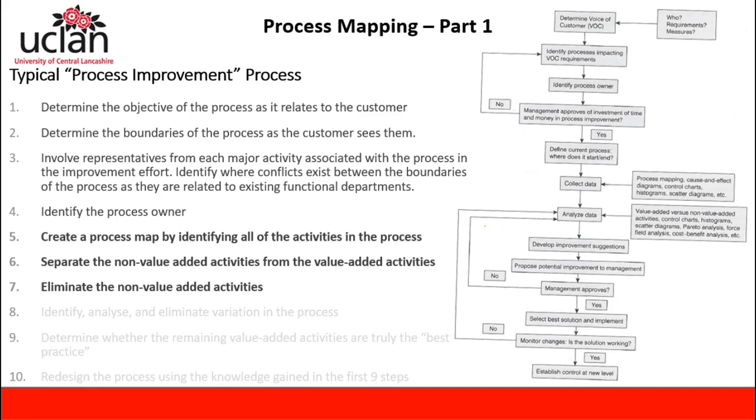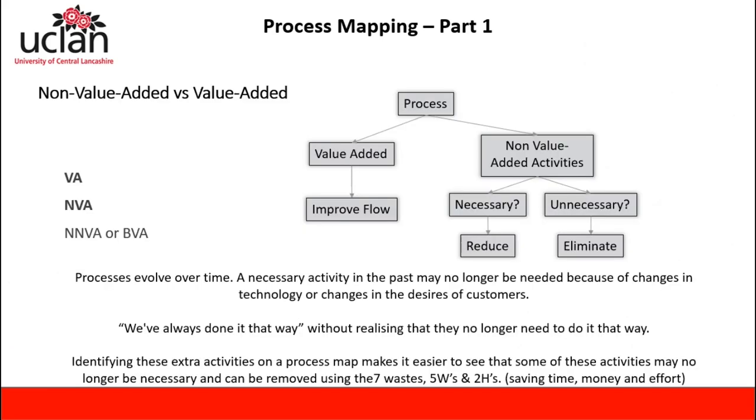You can then begin to create your process map by identifying all the activities in the process. You then separate the non-value added activities out from the value added activities, which we'll look at very shortly in more detail, and then eliminate the non-value added activities. So every process always has value added activities within it and also non-value added activities within it.